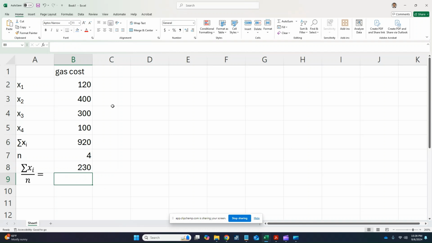So what we can do is calculate the deviation about the mean. Why is that important? Because if a new student comes and we tell them that you can expect to spend $230 per month on gas, that number might be too high for some students, because we can see here that two of the students don't even reach that number.